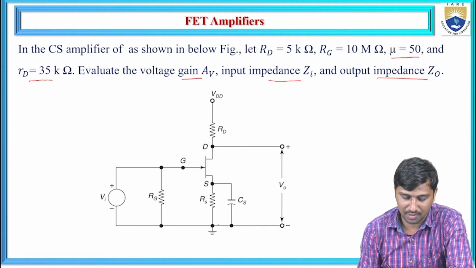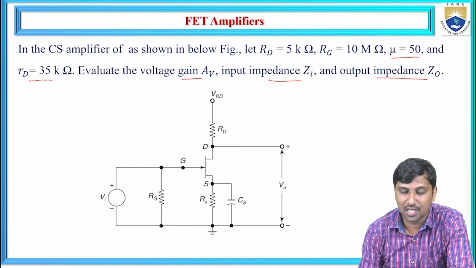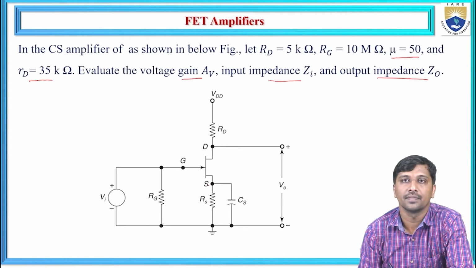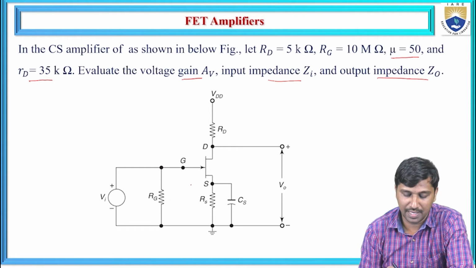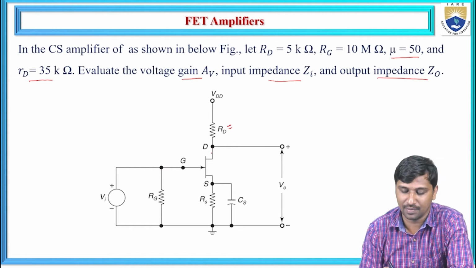The given circuit acts as a common source amplifier, because the source is common for the input side as well as the output side, and the output is taken from the drain terminal.